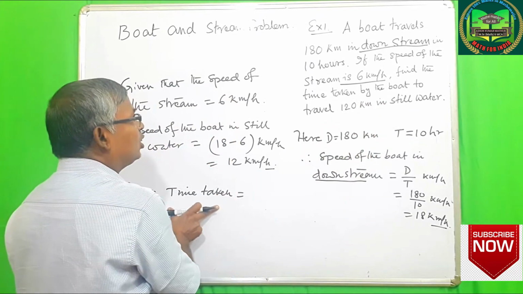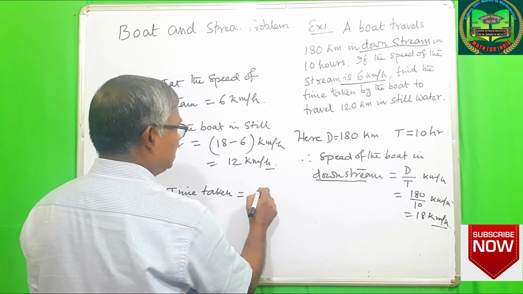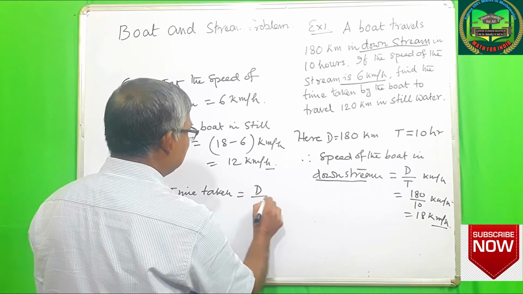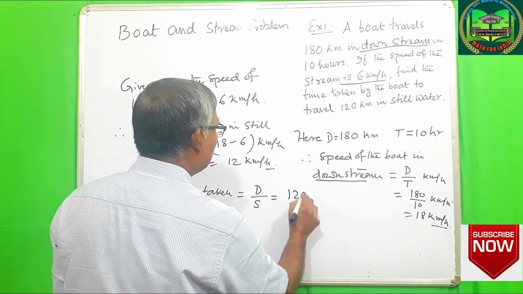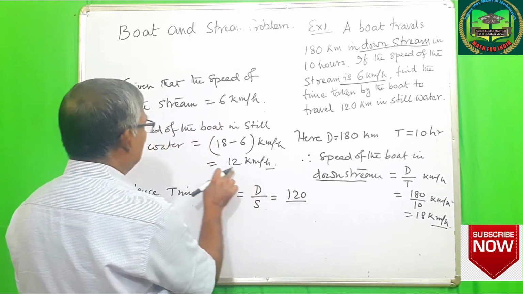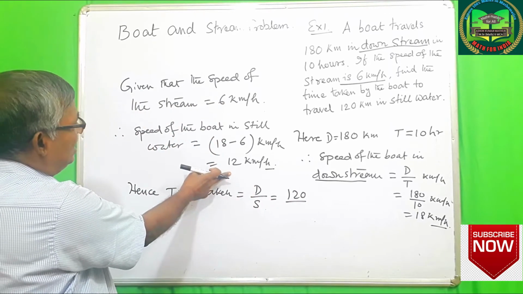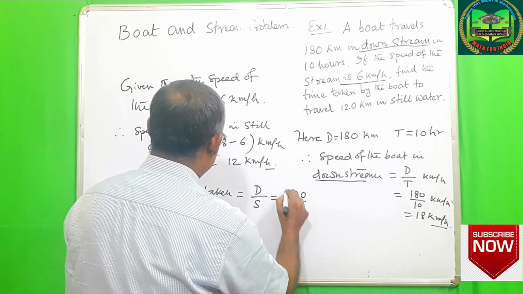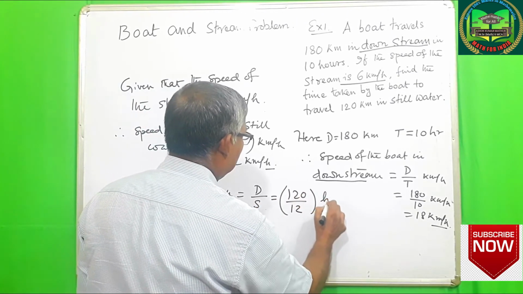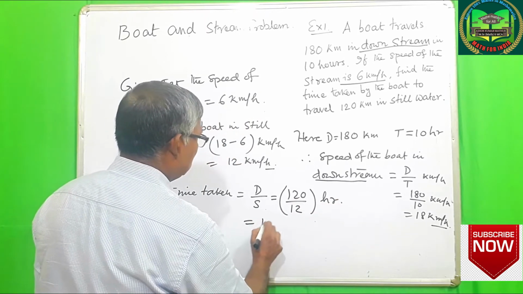Therefore, time taken equals distance by speed, 120 kilometer by 12 kilometer per hour, which is 10 hours.